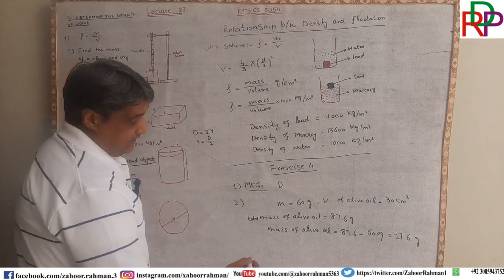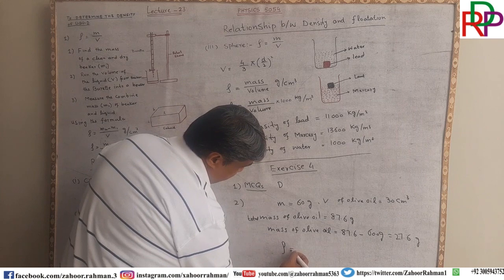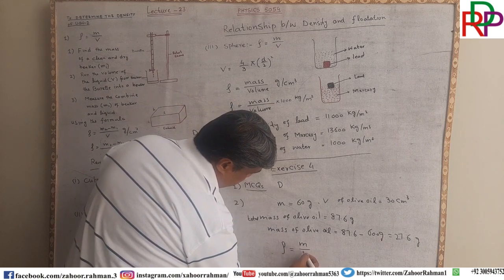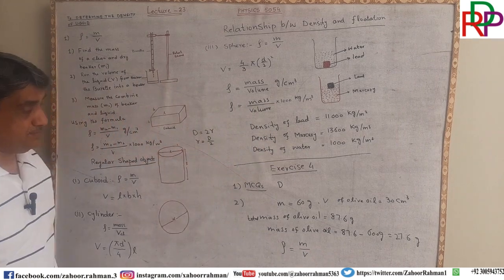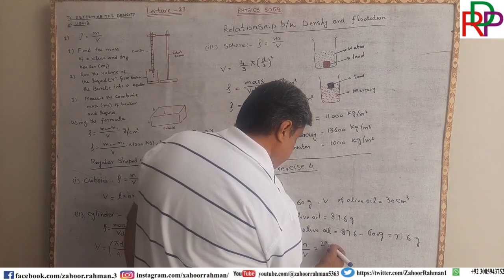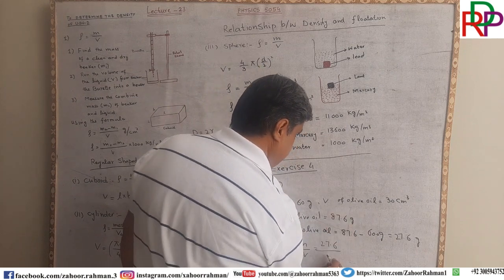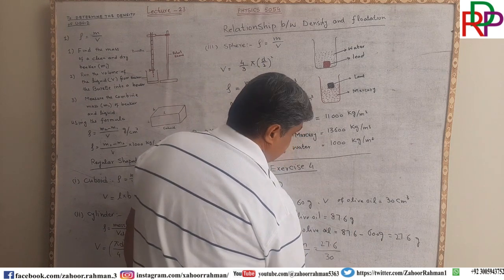Now density, I am writing rho, is equal to mass per unit volume. So mass is 27.6 and volume is given as 30.